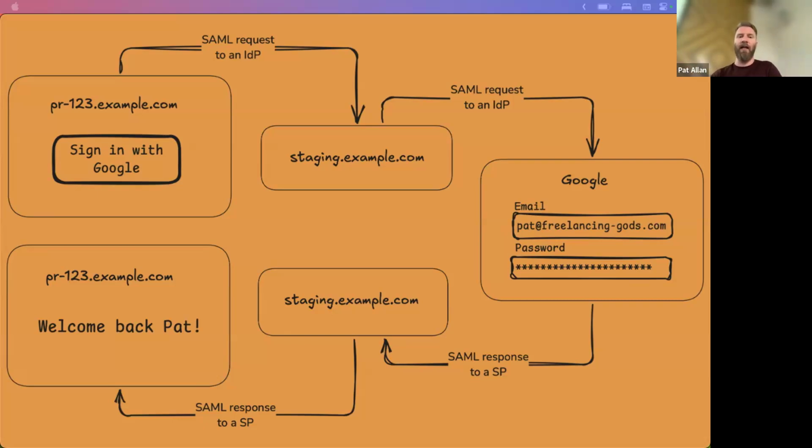The staging app is both an identity provider for requests coming from the PR apps, and then it's a service provider sending the request on to the actual IDP, which in our case is often Google for our company-wide testing. And then you enter in your details, you get sent back to staging, and staging immediately sends you back to the PR app. Kind of essentially wrapping and unwrapping the SAML details back and forth.